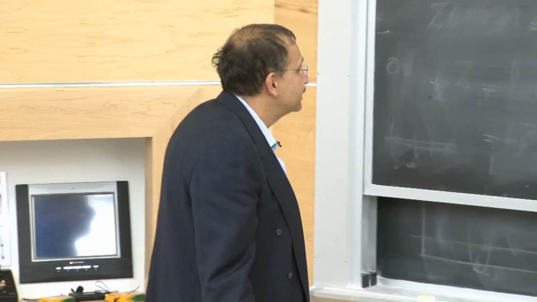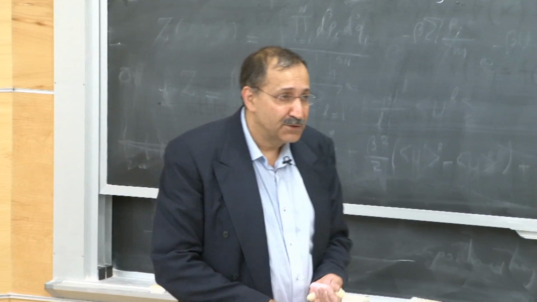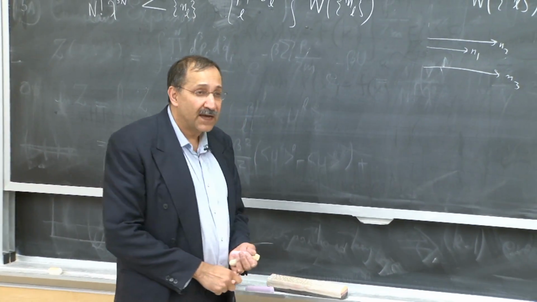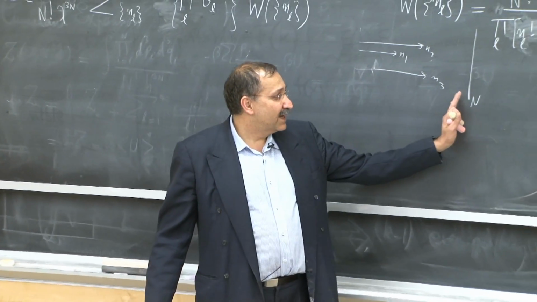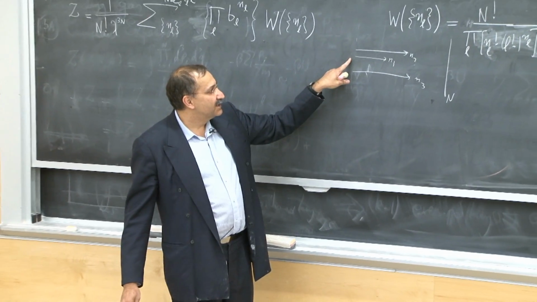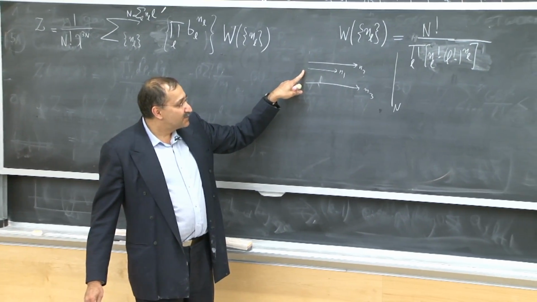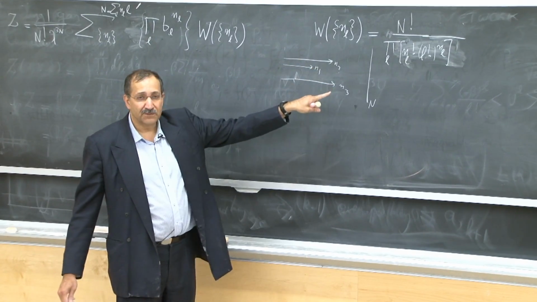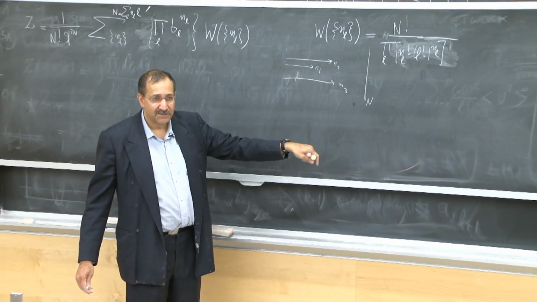And constrained sums are hard to do, but in statistical physics, we know how to get rid of constrained sums. The way that we do that is we essentially allow n to go all the way. It is very hard for me to do n1 from 0 to something, n2 from 0 to something with all of this constraint.